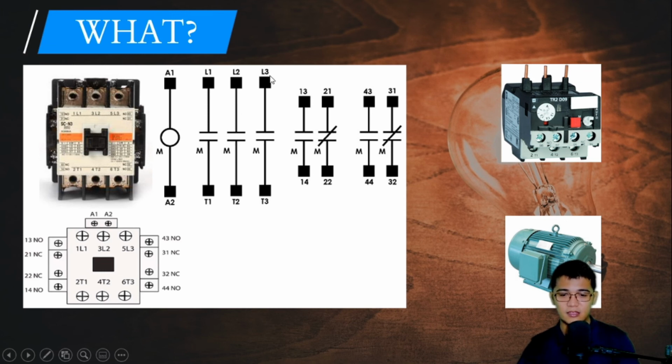Line 1, line 2, line 3 will pass through papunta sa ating motor. And our motor will start running. So, ganun lang. At ito namang normally closed na contacts dito, pag ito nag-energize, this will become open. Okay? So, yun lang basically yung function nitong contactor. But later on, we will see how control mechanisms are done because of this device.